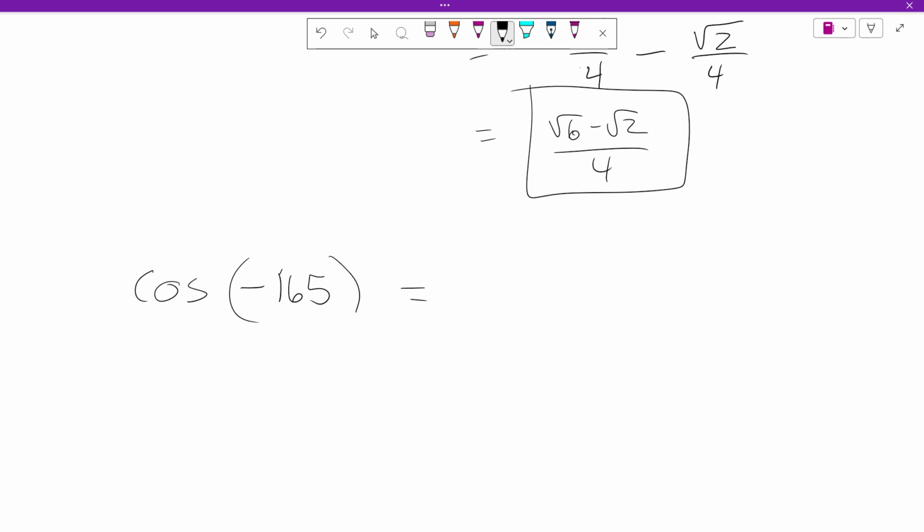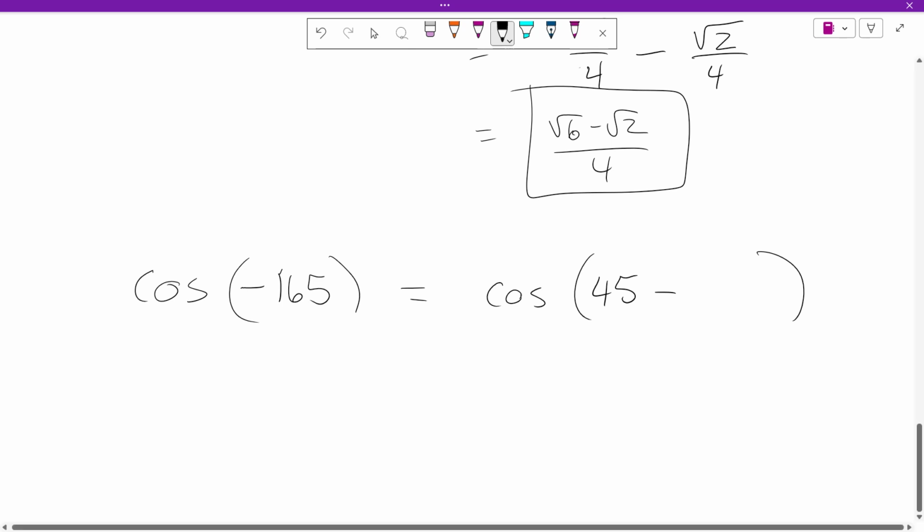Yeah, that's on there. What's the smallest number that ends in a 5? 45 minus what is negative 165? Might have to press buttons on your calculator to figure that out.